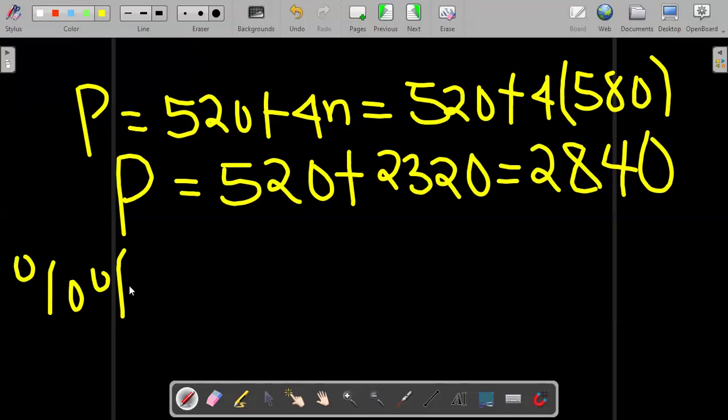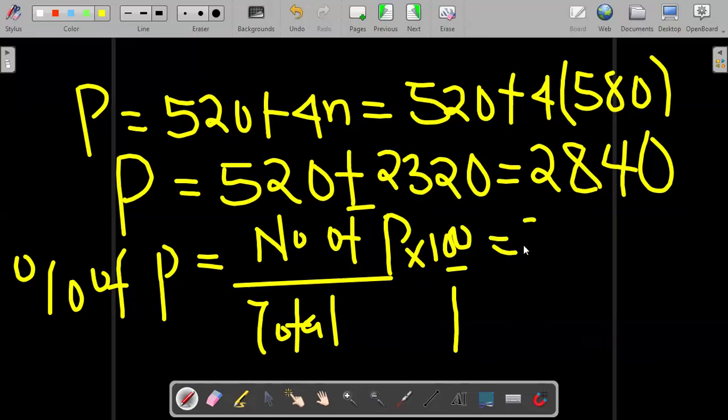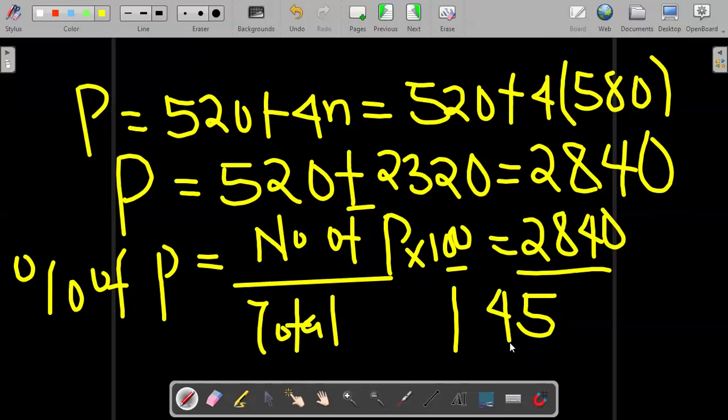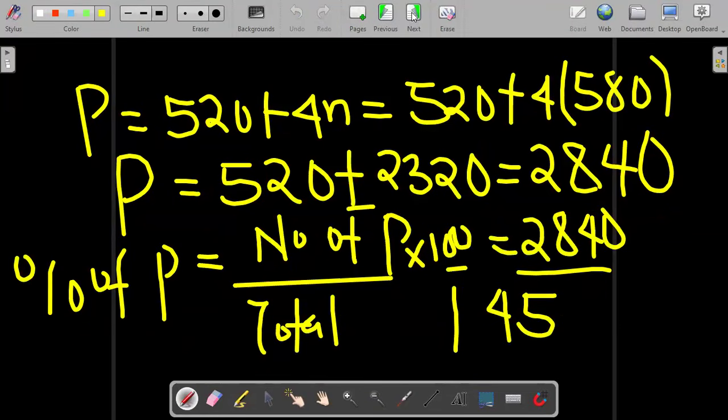Percentage of P now, meaning the number of P present over the total people there, times 100 over 1. That is 2,840 over, sorry, 4,580, times 100 over 1.